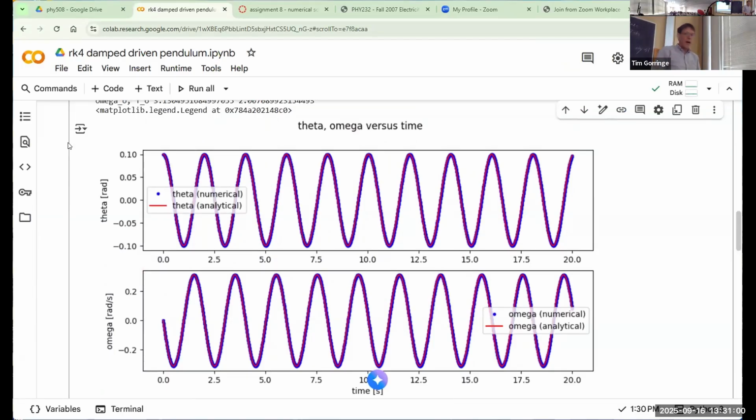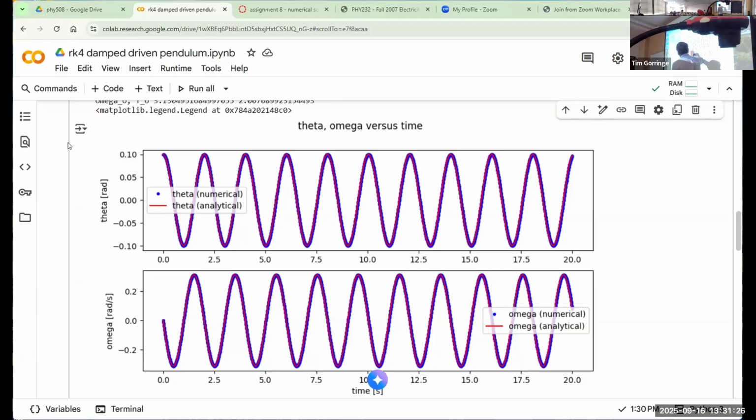Well, look, I turned off the damping. I turned off the driving force. I set the amplitude of the oscillations to be small. The initial amplitude was a tenth of a radian, so 5 or 6 degrees, so small oscillations. I expect simple sinusoidal motion.